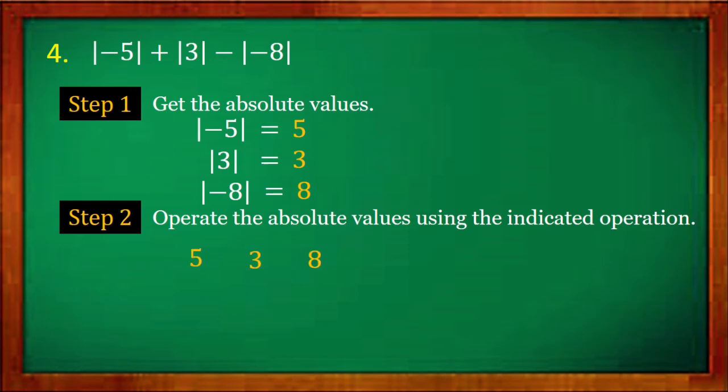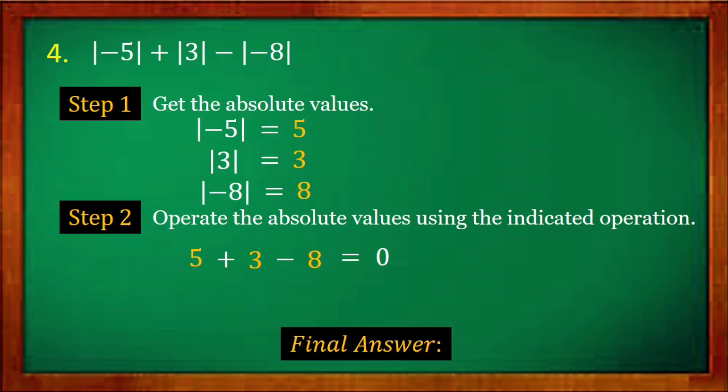We have 5, we have 3, and we also have 8. And then indicate the operation, we have addition. So i-plus natin, 5 plus 3 is just 8. And then minus 8, 5 plus 3 again is 8. And then minus 8 is just equal to 0. That is why our final answer for number 4 is 0.